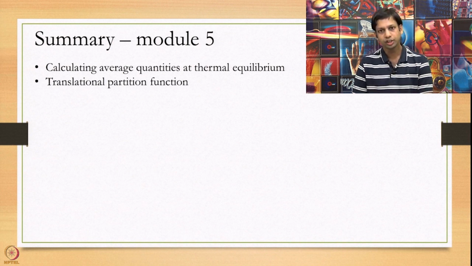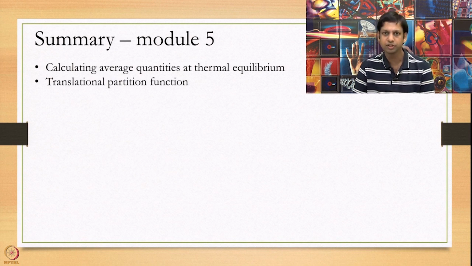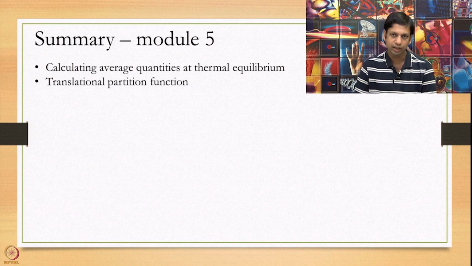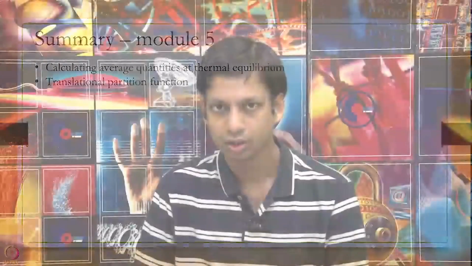Okay. So, you do not need to know the details of the proof that we have not covered, but what you need to know is the origin of this equilibrium density matrix. We have used this equilibrium density matrix to calculate averaged quantities. We have looked at average momentum and average kinetic energy today.